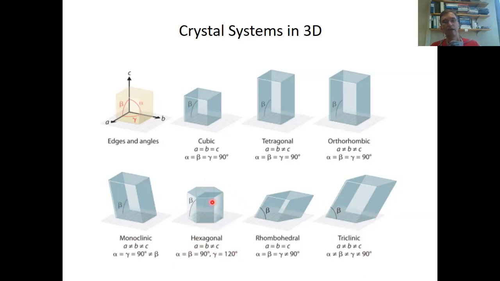Okay, and you see here the unit cell which is associated with it. So you see in this case that the 90-degree angle is actually here, and there's a 120-degree angle which is actually here.